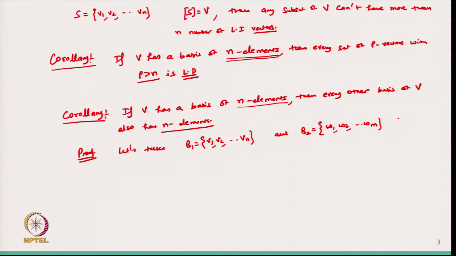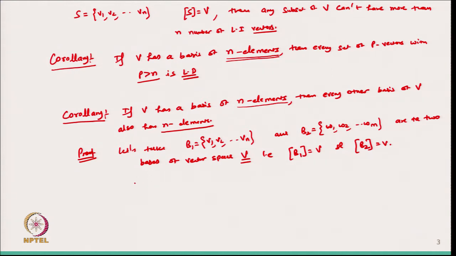Let B1 and B2 be two bases of the vector space V, that is, B1 spans V and B2 also spans V. Now, we have to show that n is equal to m.